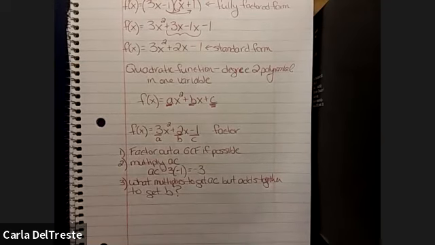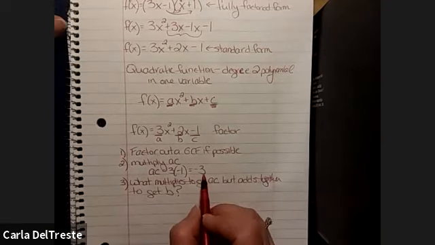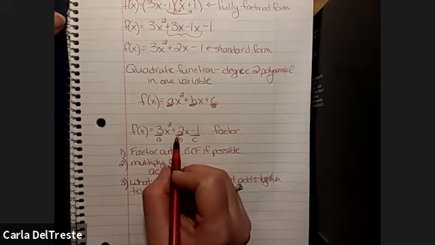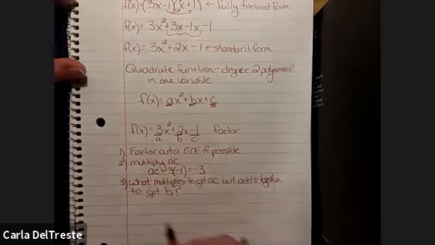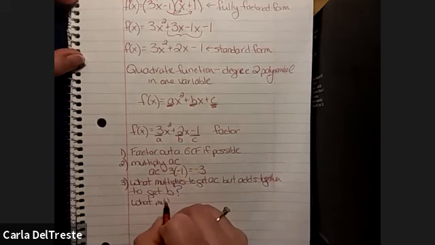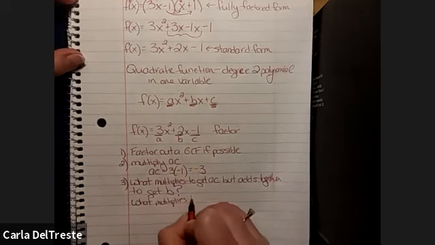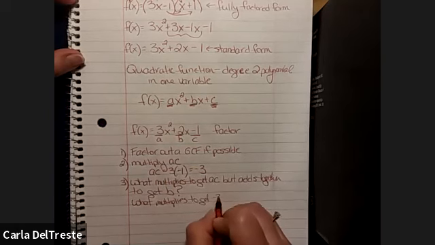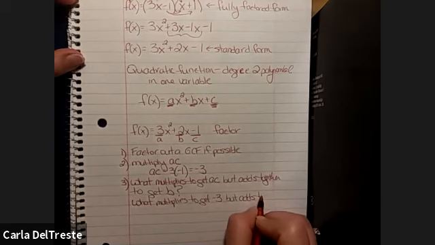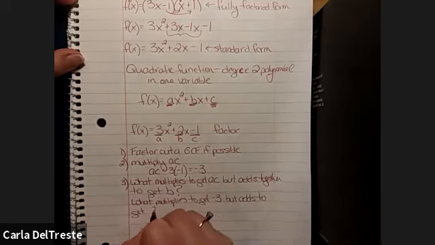So in this example, using the numbers, it's what multiplies to get -3, but adds together to get me 2. Okay, so let's rephrase that with the numbers. What multiplies to get -3, but adds to get 2.